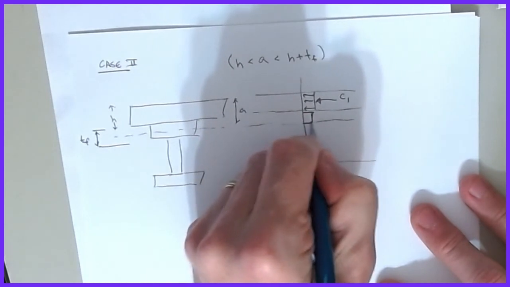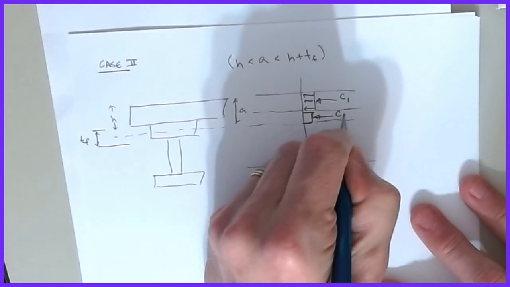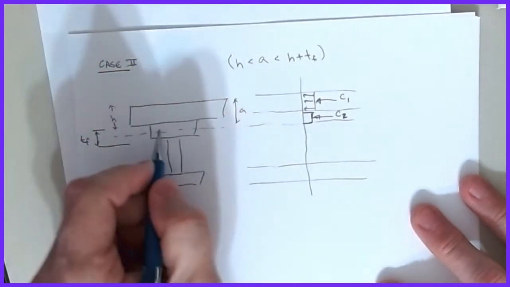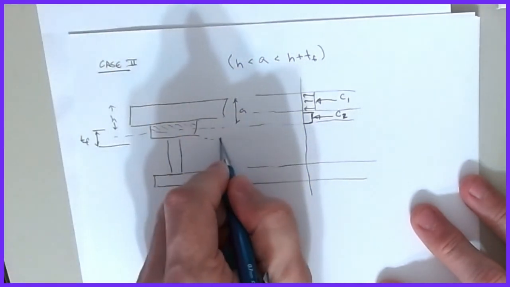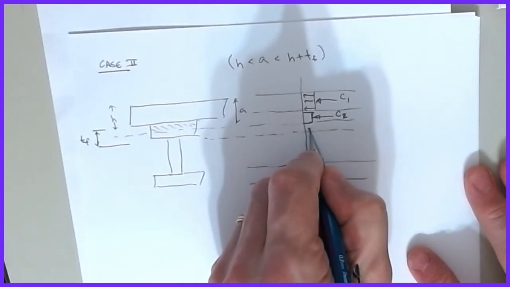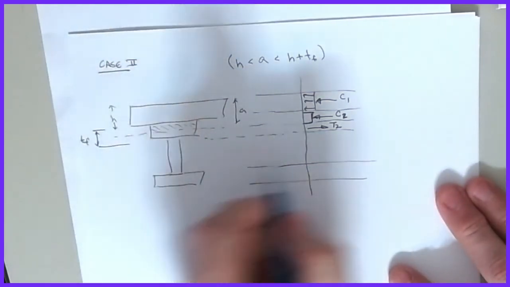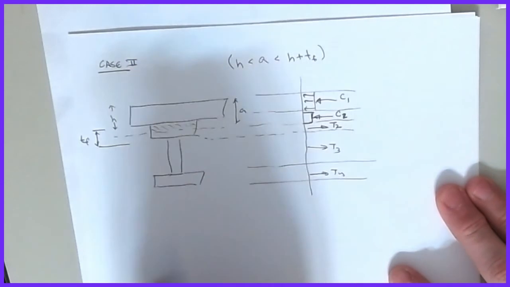This chunk right here gets me what would be a C2, which is basically the compression that's in the top part of the flange that's here. And then if I bring this guy across, I pick up a T2, that's my T2 this time, and then I get my T3, and then I get my T4, and we play the same game.